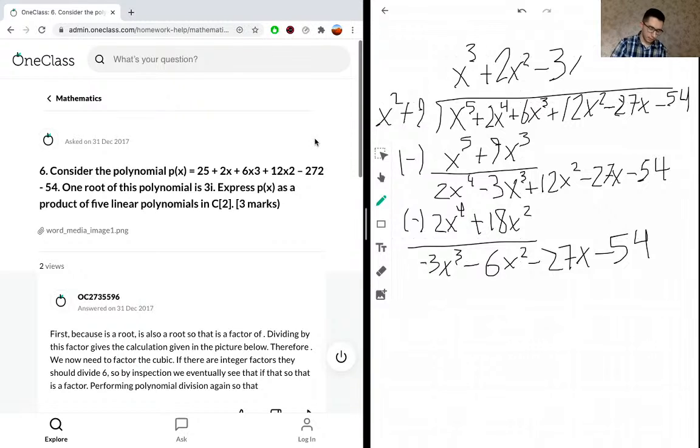Okay. And we'll do the multiplication down here. So x squared times negative 3x will give us negative 3x cubed. And we also have the 9. So 9 times negative 3x is negative 27x.